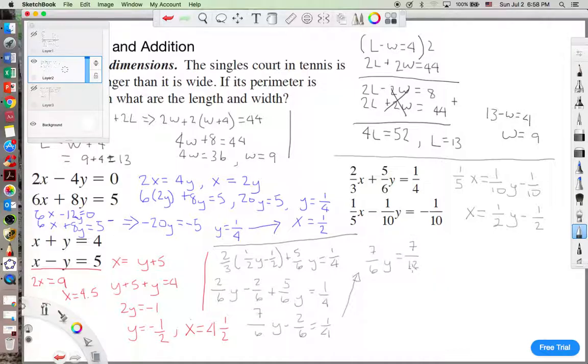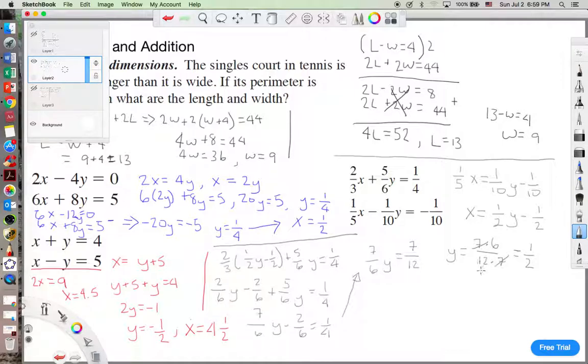We're going to cross multiply here. We get y is equal to 7 times 6 over 12 times 7. That cancels out, and that turns into 1/2.